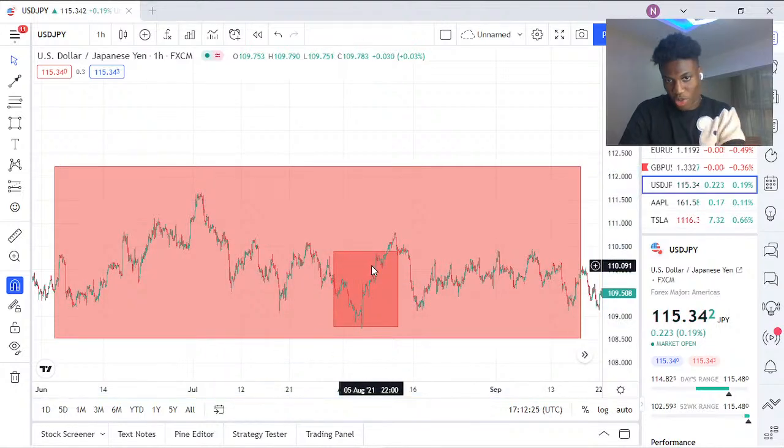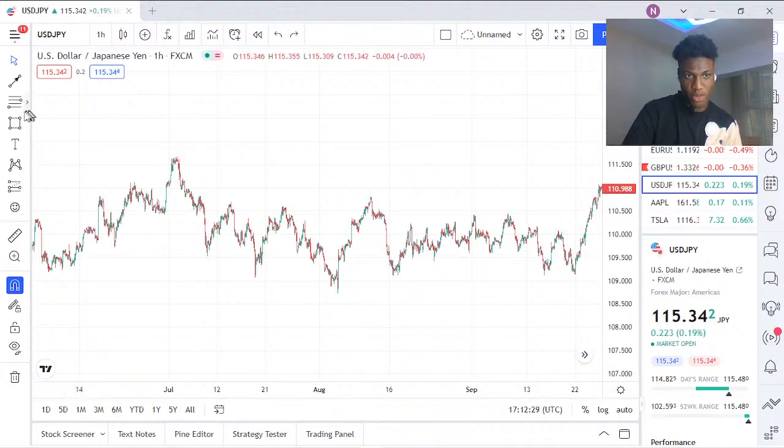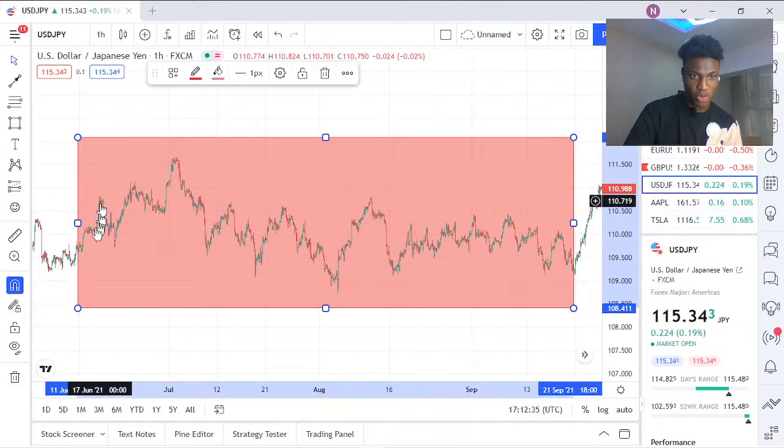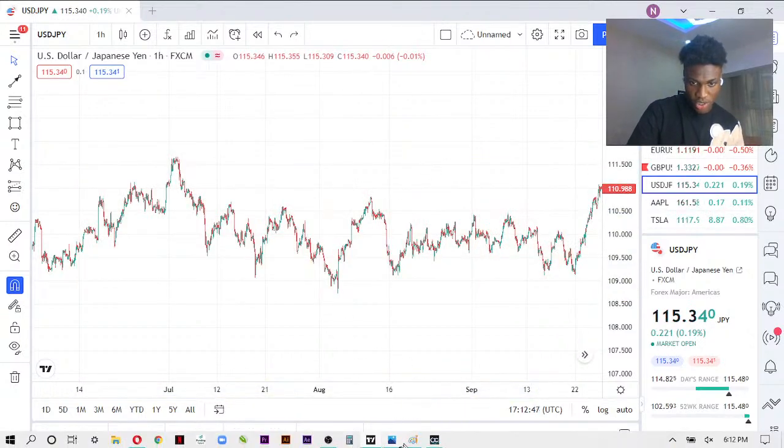You wouldn't call this a strong bullish market or a bearish market. It's just ranging, right? It doesn't have a specific direction, moving from here to here, here to here. So you can call this a ranging market. If a market moves like this without any specific direction, you can call it a ranging market.